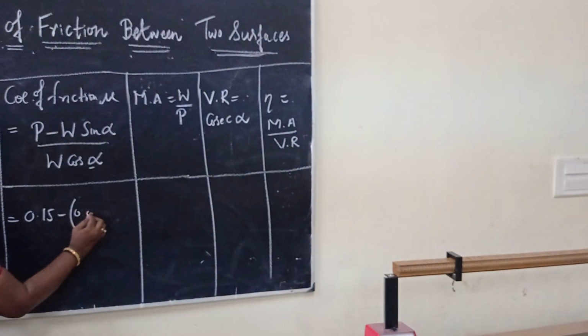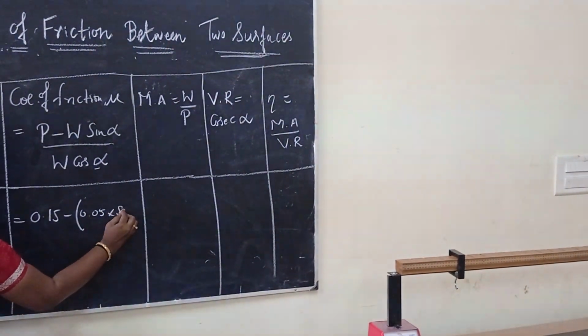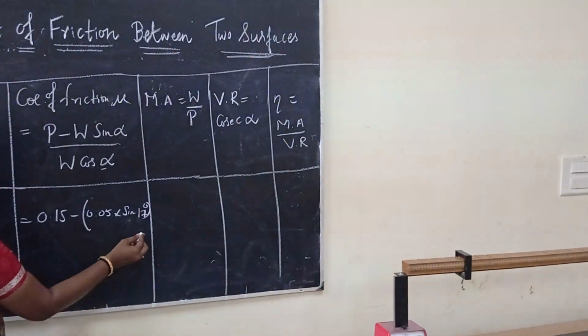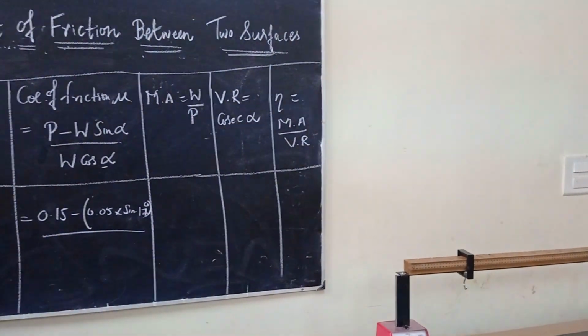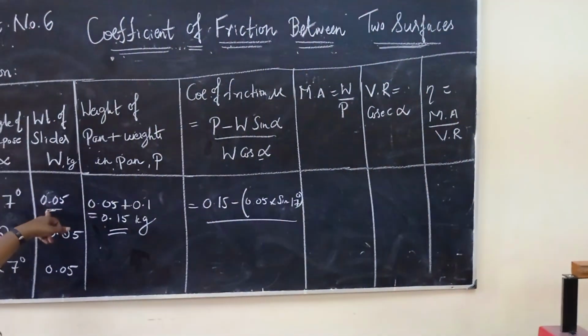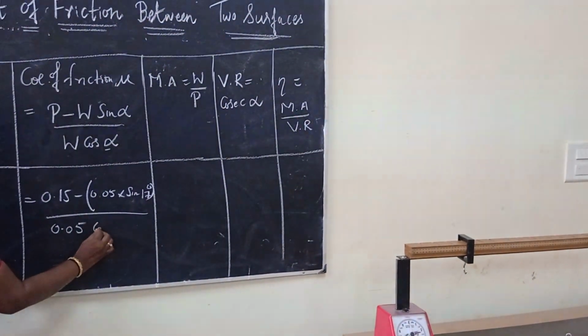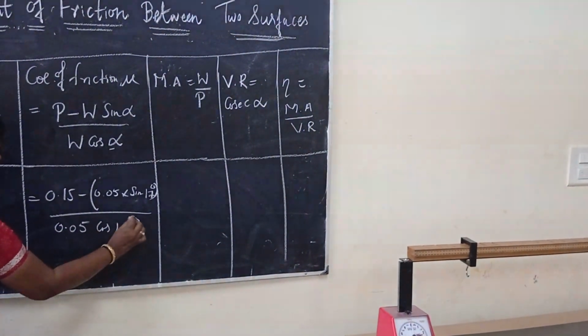So 0.05 into sin of the angle of repose, 17 degrees, by W again, the weight of the slider, 0.05 cos of 17 degrees.